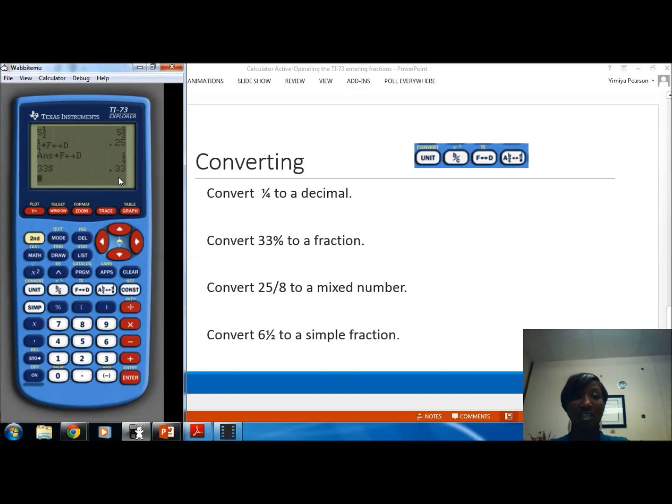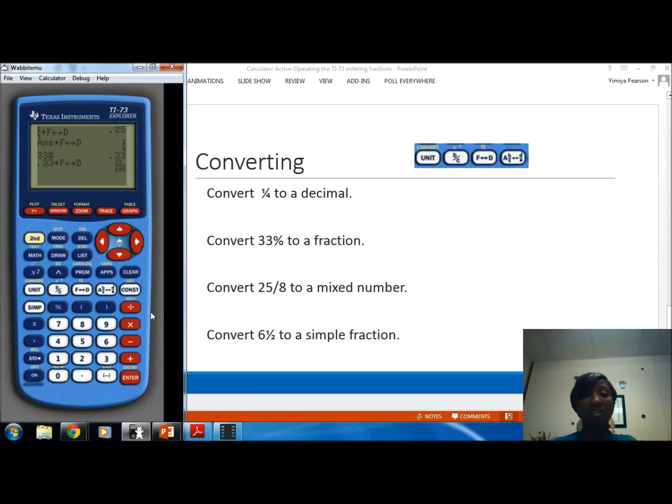So as you see, it has changed 33% to 33 hundredths. Now I'm going to convert that to a fraction by pressing my F to D key. And again, without even typing in 33 hundredths, when I press this key, the calculator automatically knows I'm talking about taking that last answer. When I press enter, you see that we end up with the fraction 33/100.